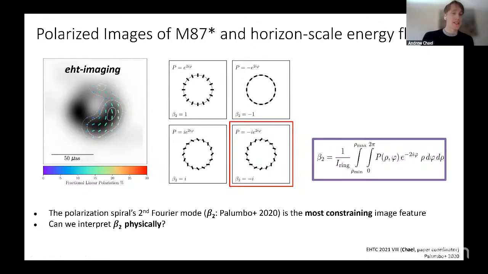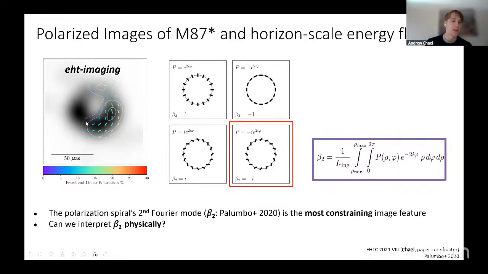Okay, so the key metric that we are arriving at in terms of linking the jet launching physics to observations is the sense of the spiral of polarization vectors around the black hole image.